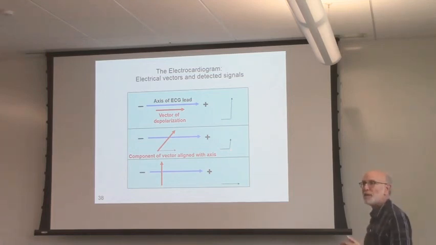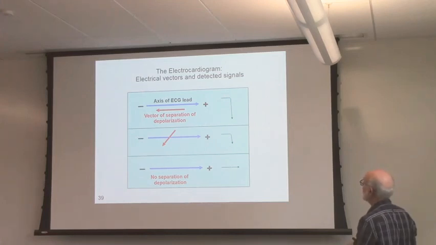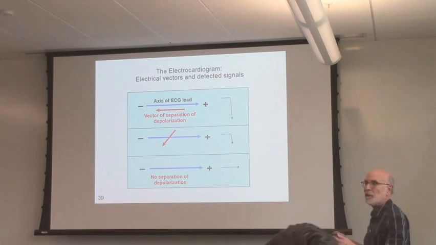So the amplitude of the signal is determined both by the size of the vector and by its orientation with each of those electrical wires. If the vector is anti-parallel with the lead, you get a negative signal. If there is no vector, you get no signal.